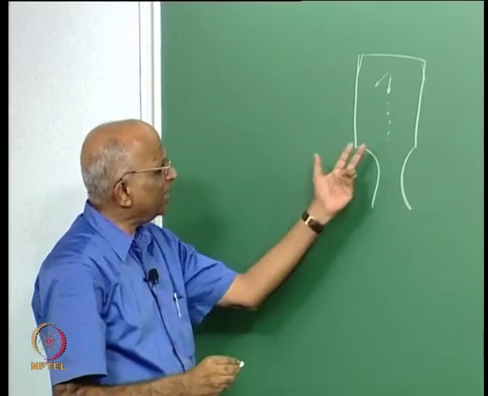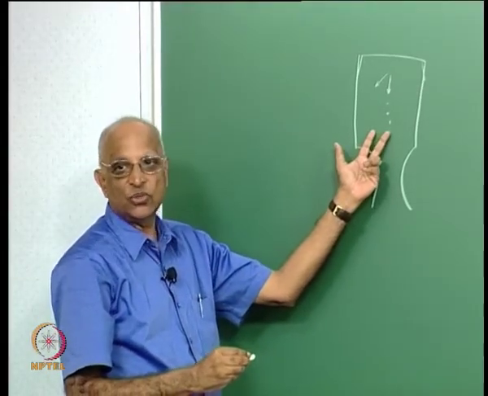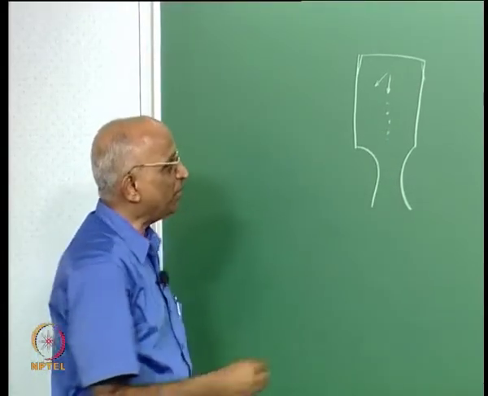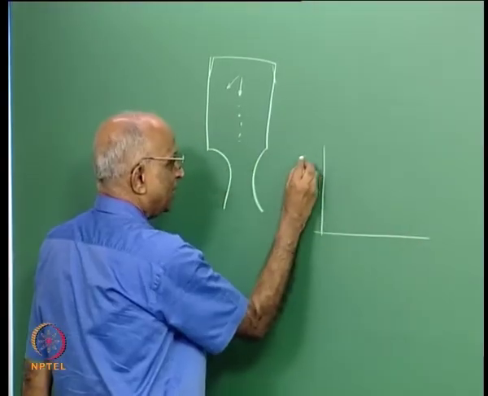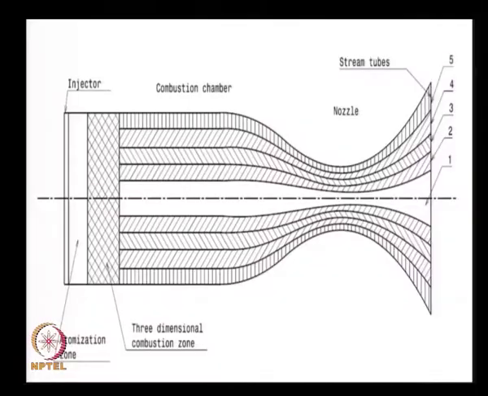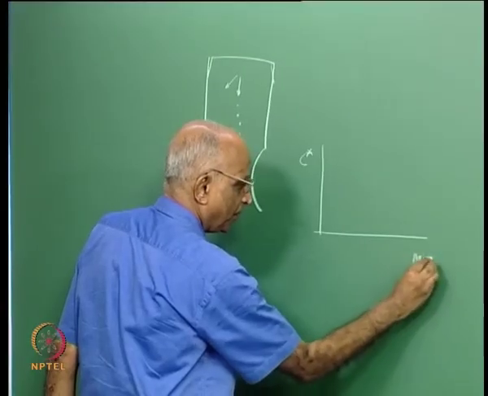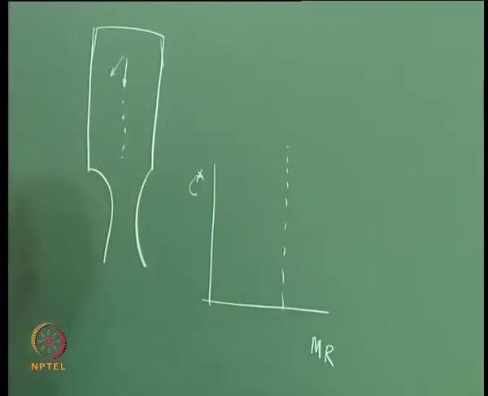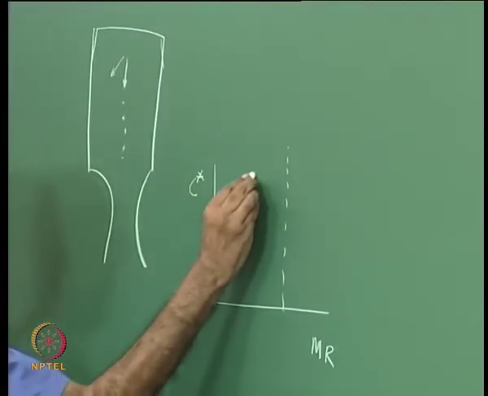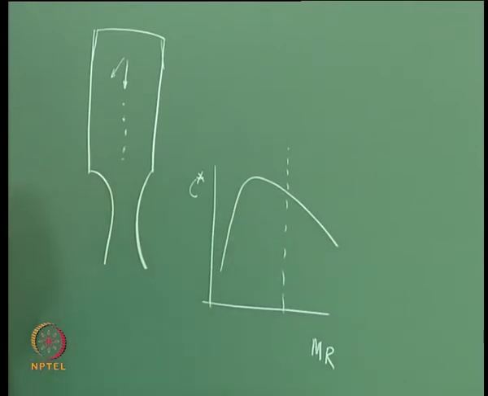Therefore, it is really difficult to determine the performance of a chamber. For the simple reason, in the earlier classes we also told, if I say something like C star as a function of mixture ratio, we always operate in the fuel rich region. Let us say this is stoichiometry, we have maximum C star in the fuel rich region.